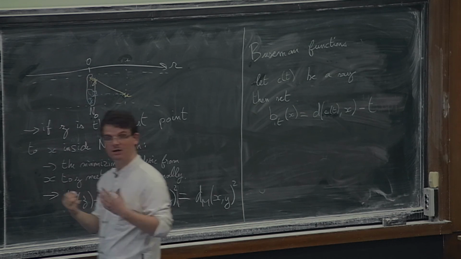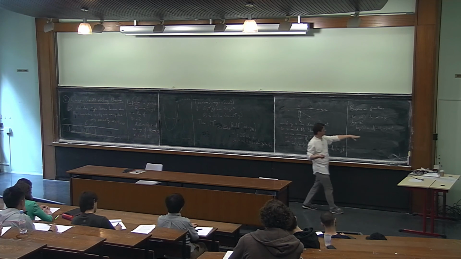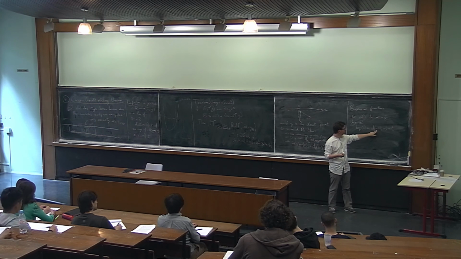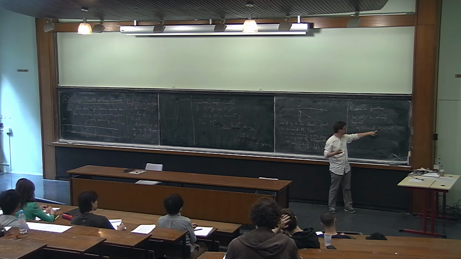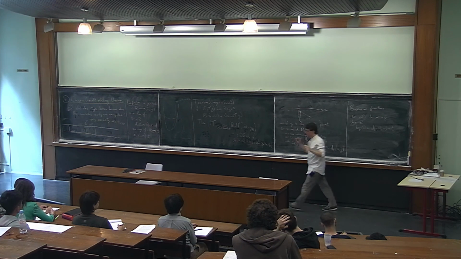So you look far away, you look at the distance from x to some faraway point, but you want to extract a limit out of that when t goes to infinity, so you need some kind of rescaling.